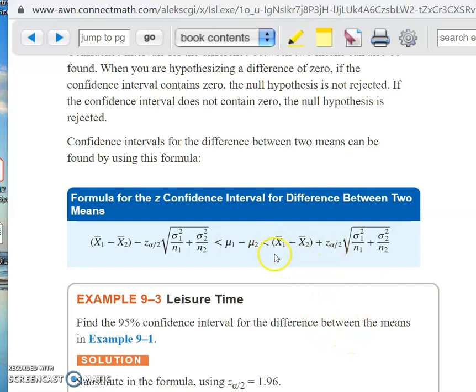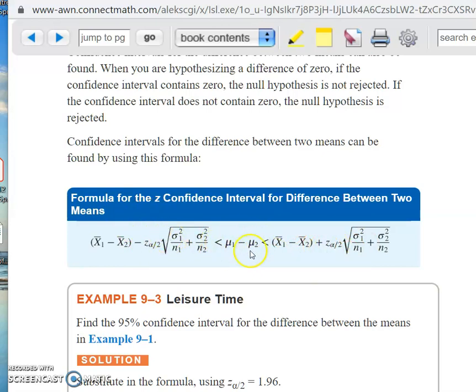So the point of this is that in a typical scenario, we have a null hypothesis that mu1 take away mu2 is equal to 0. Well, if we can get the confidence interval, we'll have something on the right hand side and something on the left hand side.